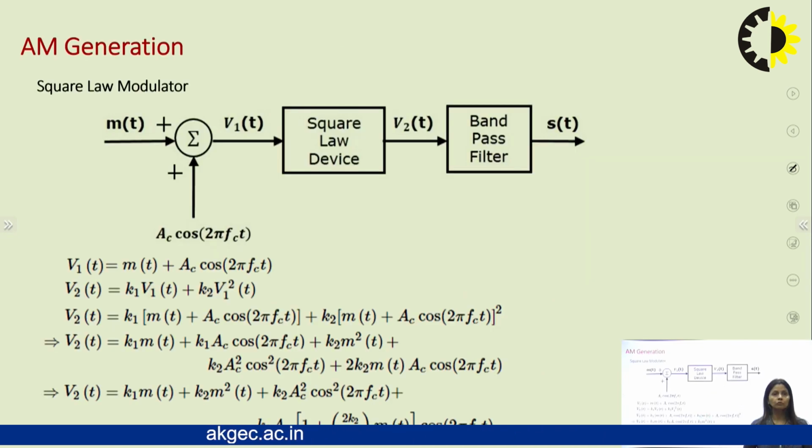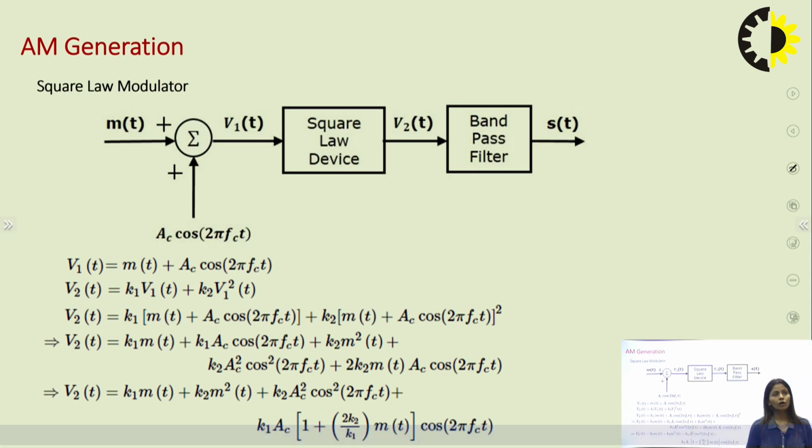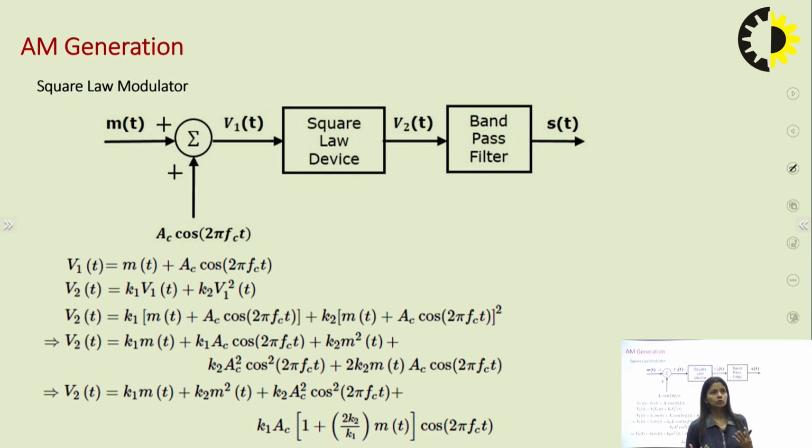Now coming to the amplitude modulated wave, I told you how to get this standard expression, and what the system components or blocks are which produce the amplitude modulated wave. Here we will see that first of all we are adding two signals.